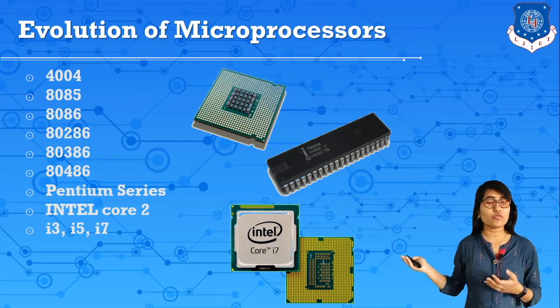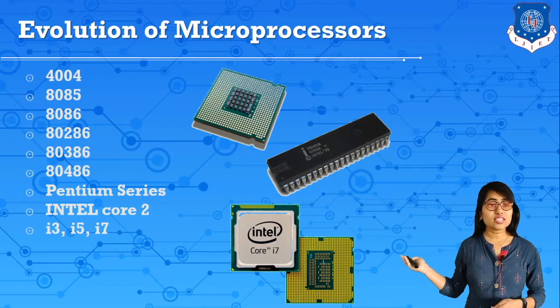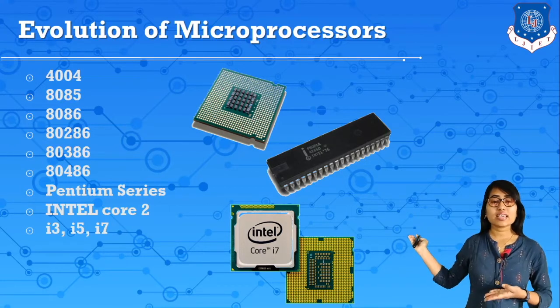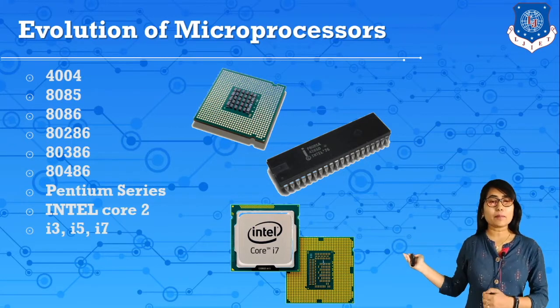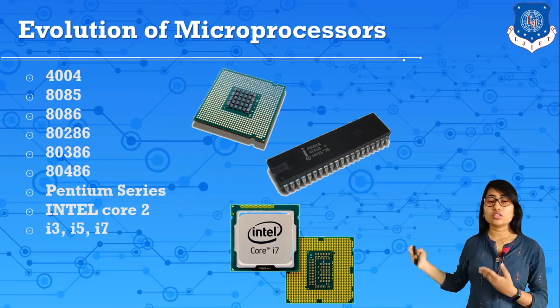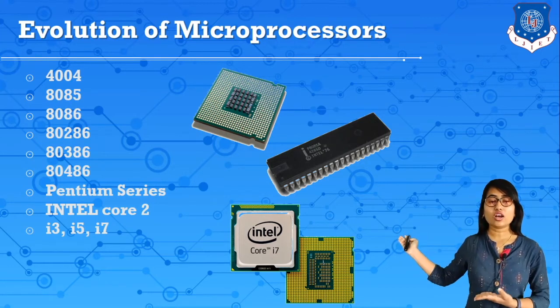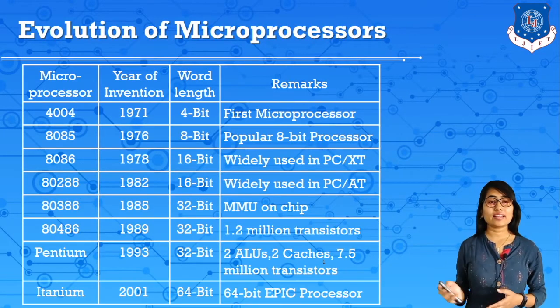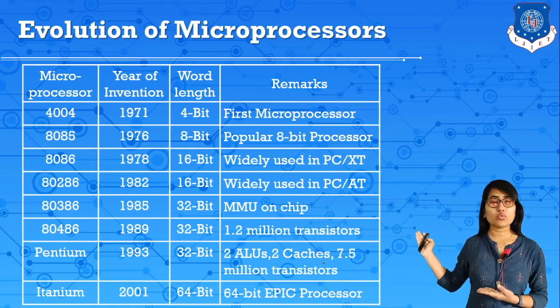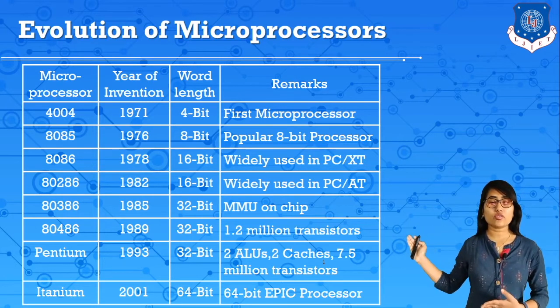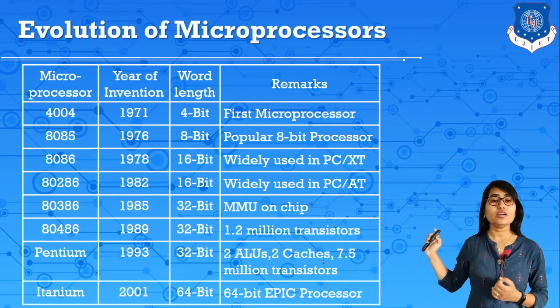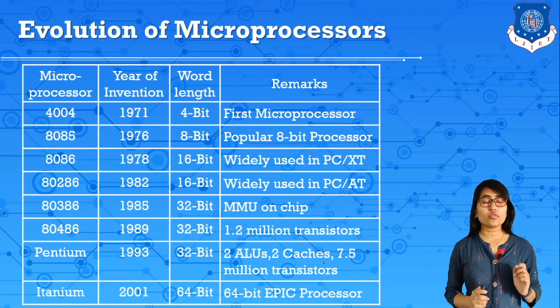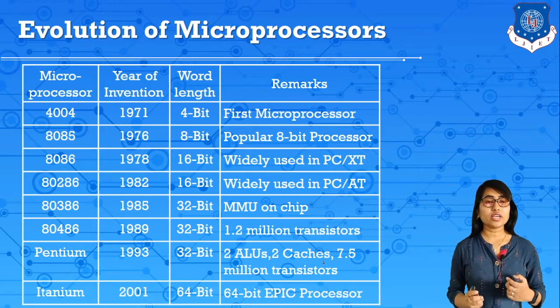So we have different types of microprocessors, and here the basic ICs and circuitry show an example of a microprocessor: the Intel Core i7. These microprocessors are categorized in a table which shows the microprocessor, year of invention, word length, and the features or identity of that microprocessor.